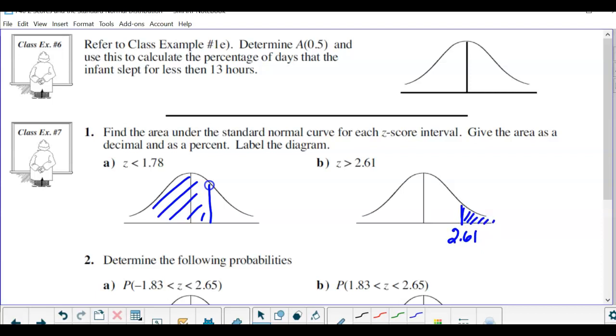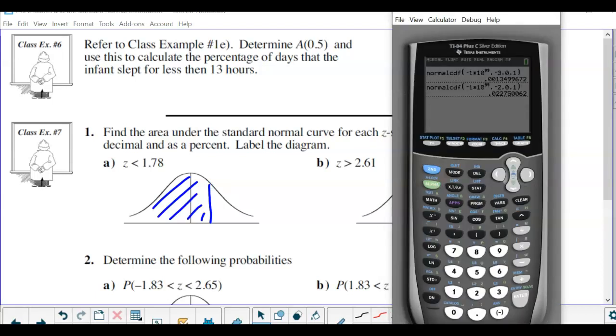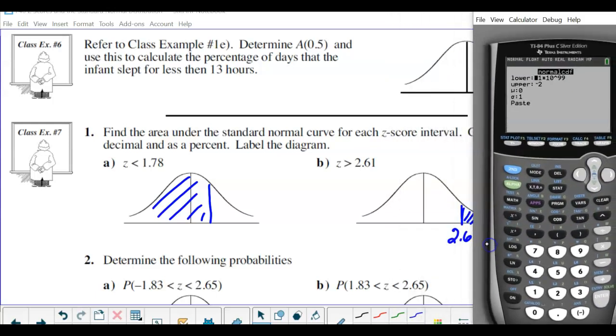On your calculator, you have to change your boundaries. So we go second distribution, normal CDF. Now our lower boundary is the Z-score, 2.61, and our upper boundary is positive infinity, so 1 times 10 to the 99.